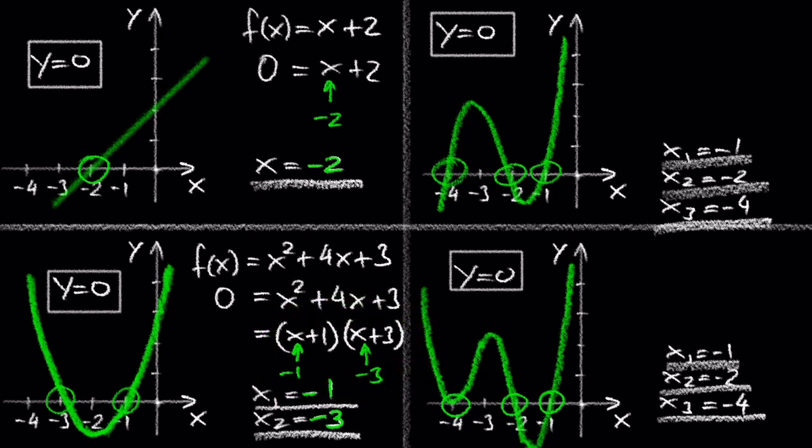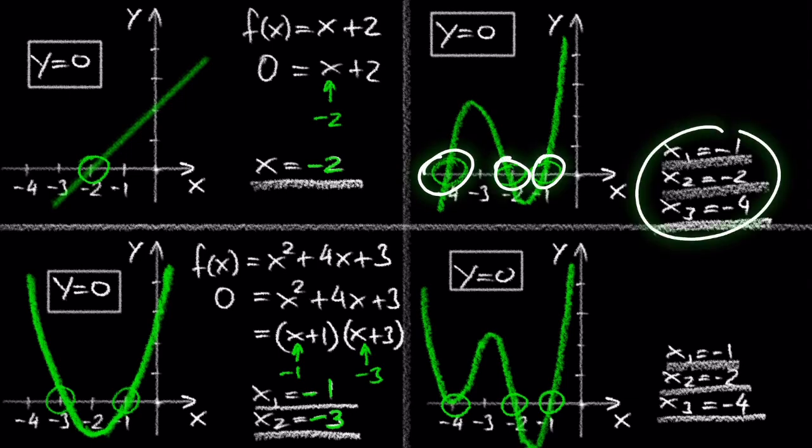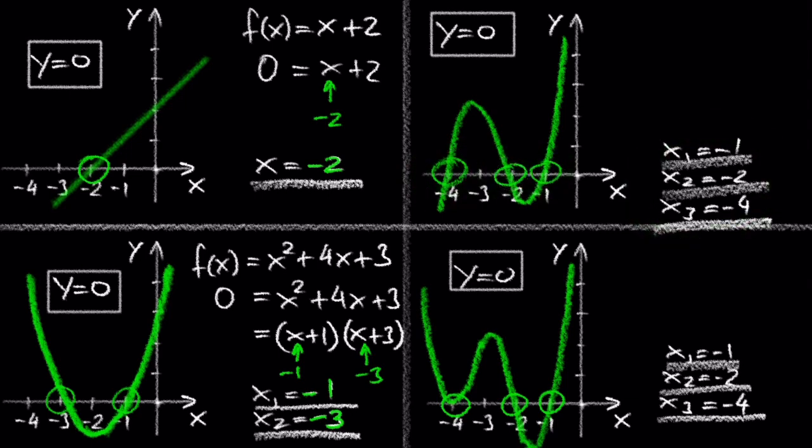On the other hand, when we have the zeros of a function, the function must be f of x equals x plus 1 in parentheses times x plus 2 in parentheses times x plus 4 in parentheses.